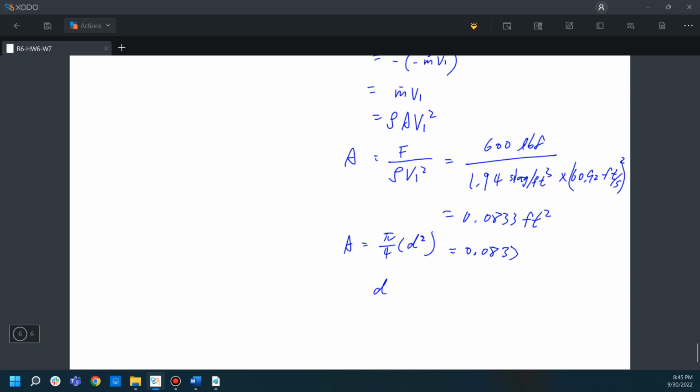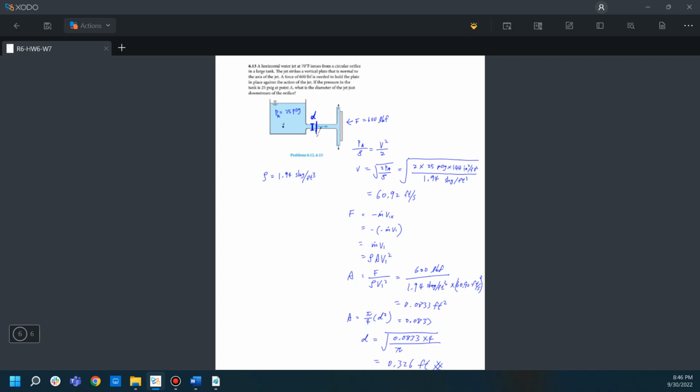So d will equal the square root of 0.0833 times 4 divided by pi, and you can solve that d will equal 0.326 feet.